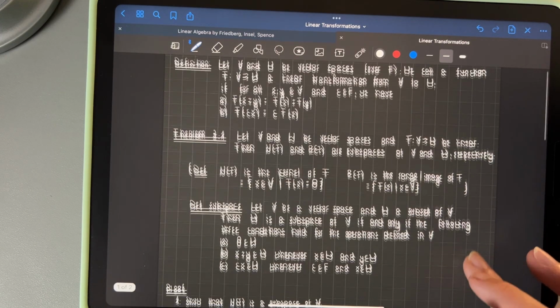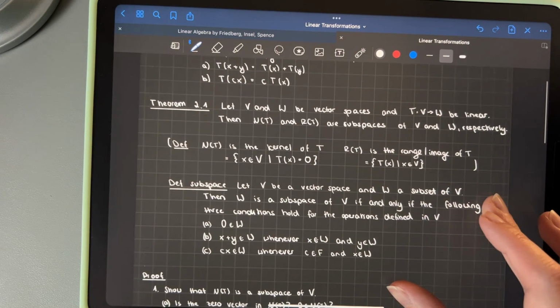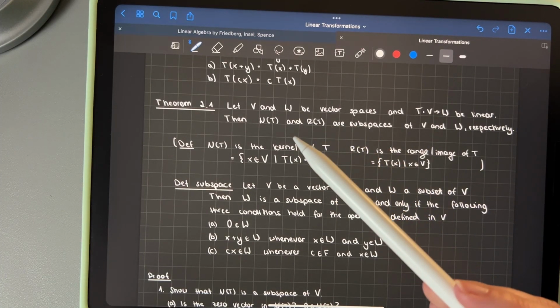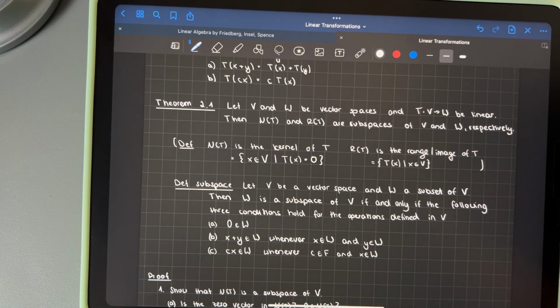And the next few bits in the book then tell you more about what you build up on the kernel and image, etc. Because you can show some interesting stuff with those. But that is part for the next video.